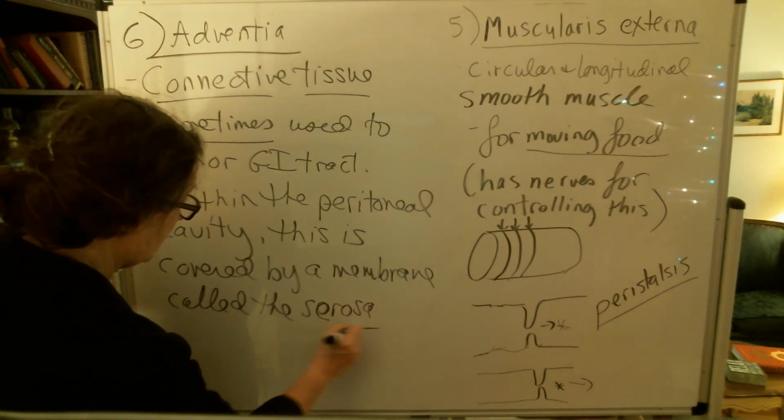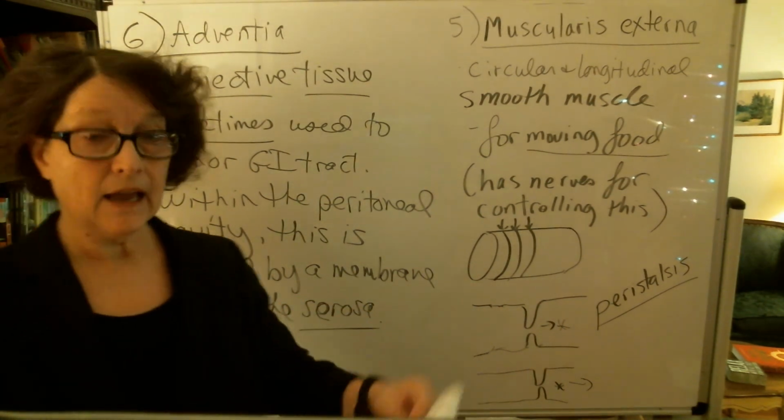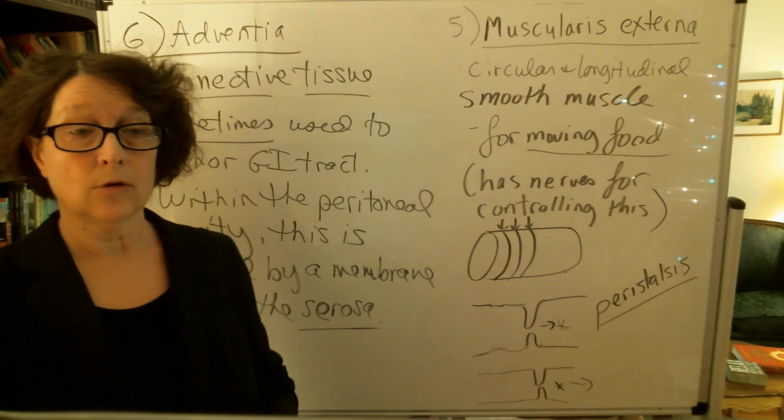That's an E, the serosa. And that's it for the layers of the GI tract wall.